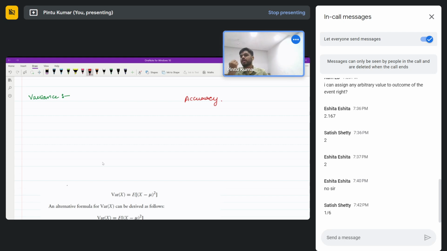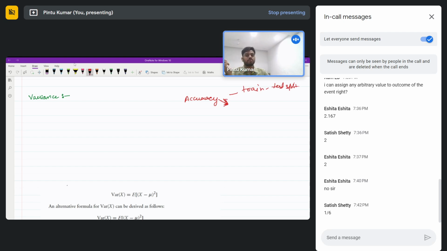That randomness can occur due to your train and test split, or because you are using a stochastic optimizer where your data points are not in the same sequence. So it is not necessary that you get the same accuracy every time you run your model.